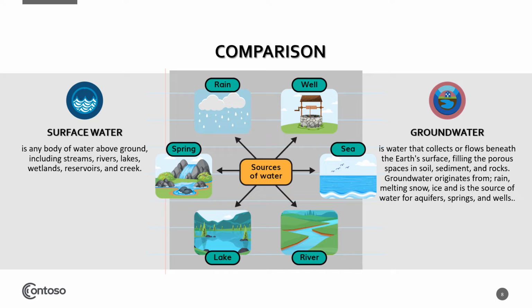And the second one, groundwater, is water that collects or flows beneath the Earth's surface, filling the porous spaces in soil, sediments, and rocks. Groundwater originates from rain, melting snow, and ice, and is the source of water for aquifers, springs, and wells.